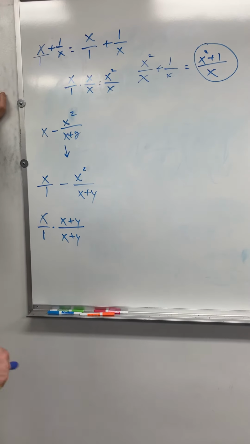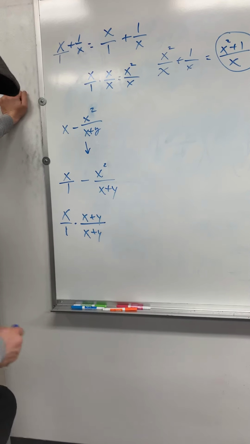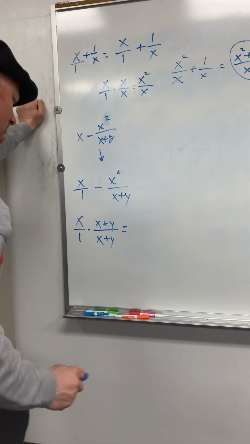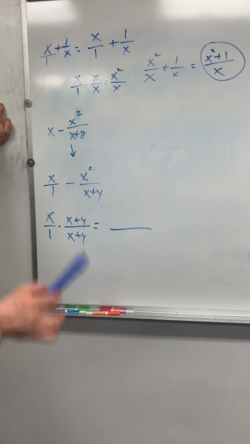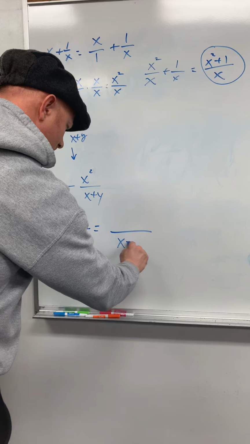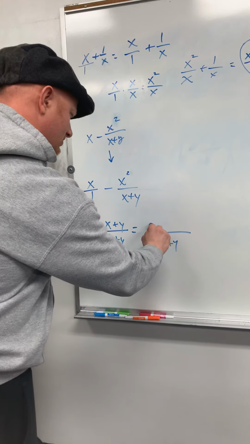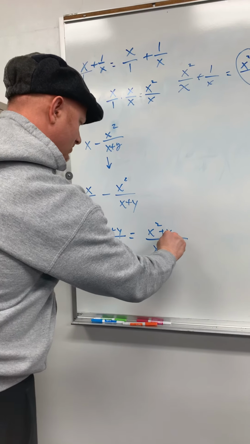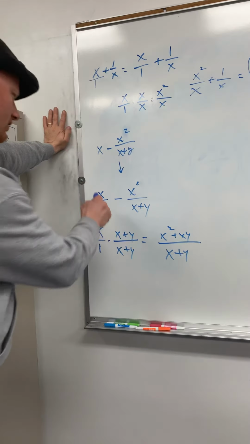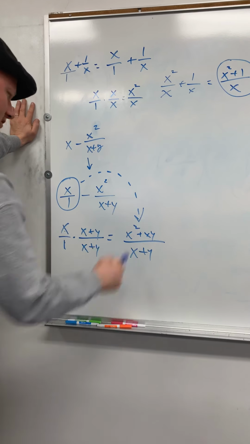Remember, whatever I multiply the bottom by, I have to multiply the top by. What does that give me? In the denominator, it gives me my desired denominator, x plus y. And then x times x is x squared, and x times y is positive xy. So this fraction just became that.